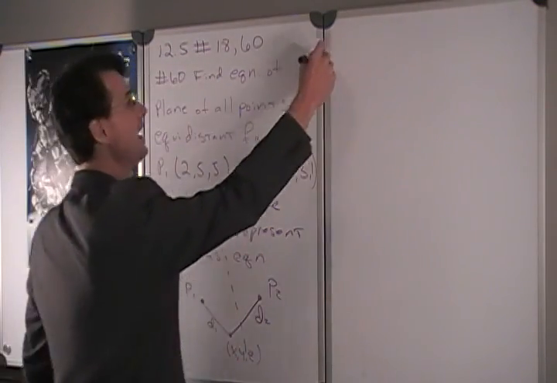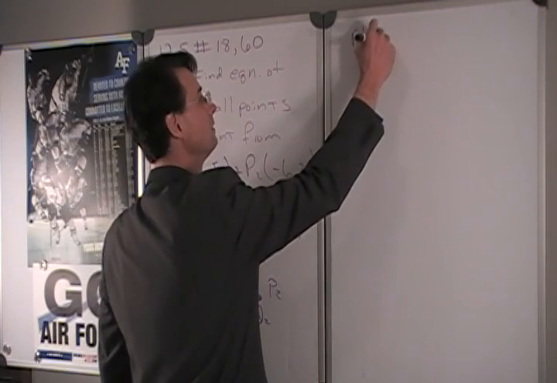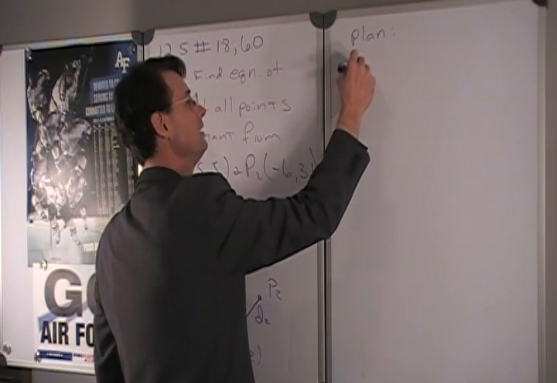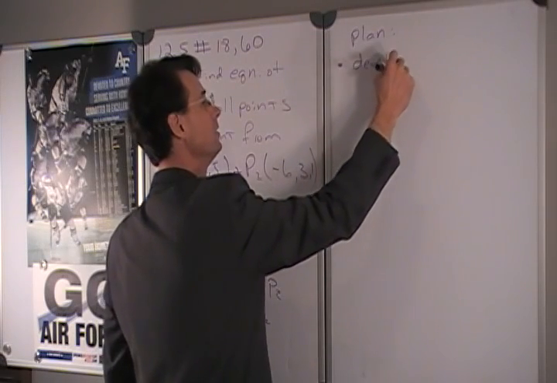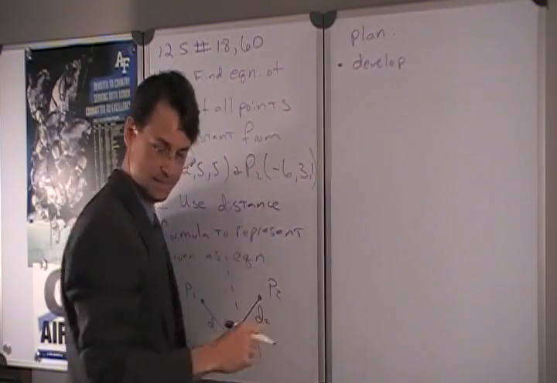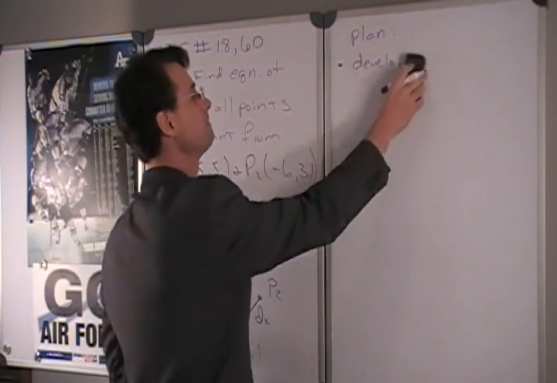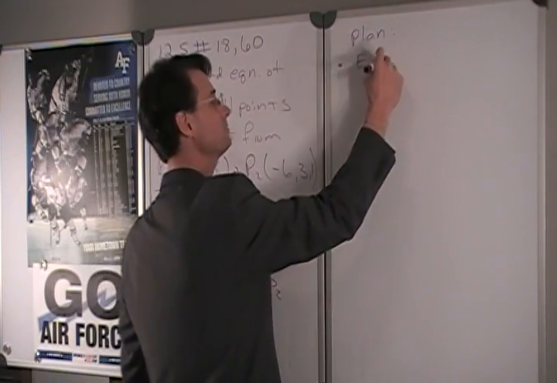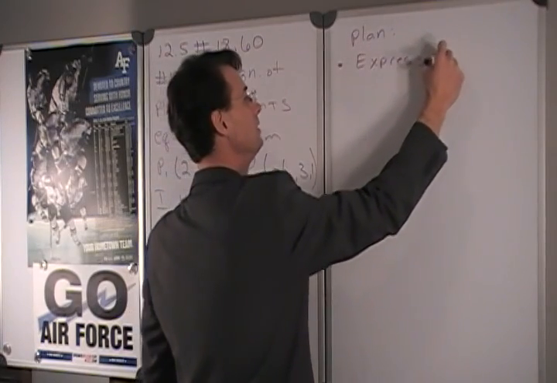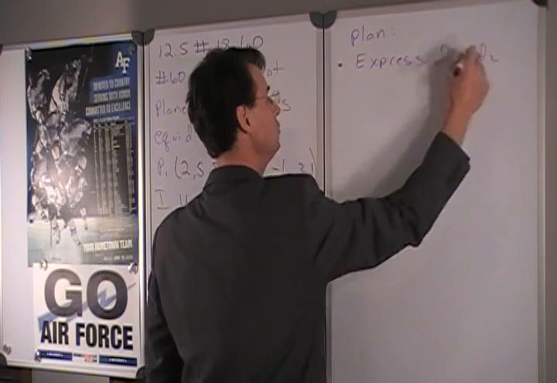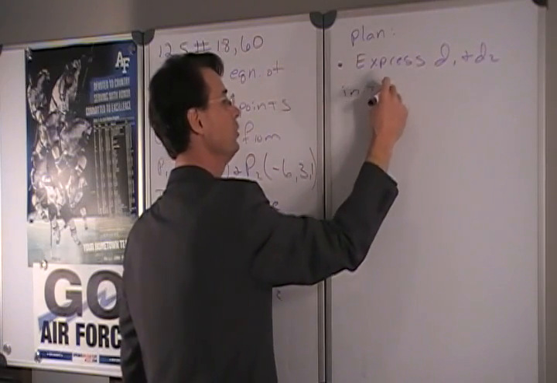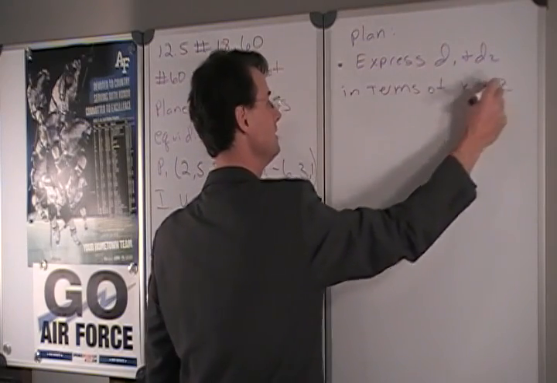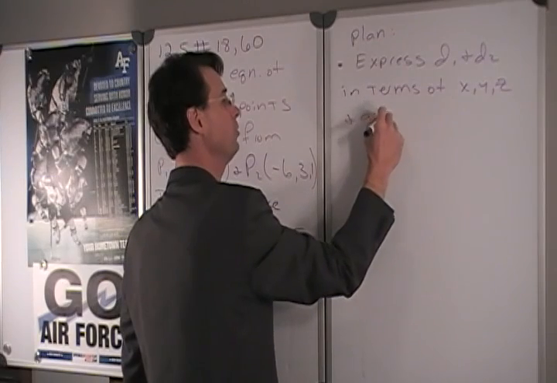So our plan is to express d1 and d2 in terms of x, y, z, and the given points.